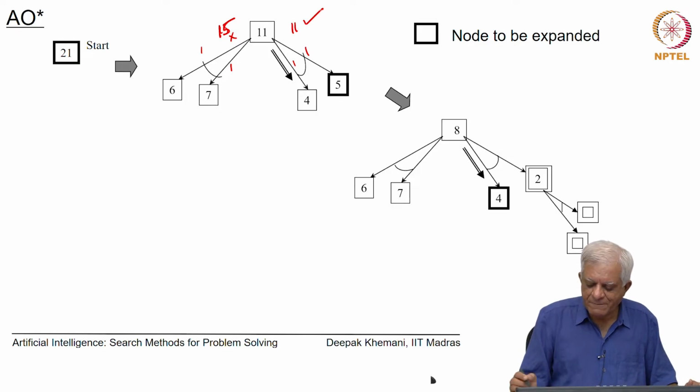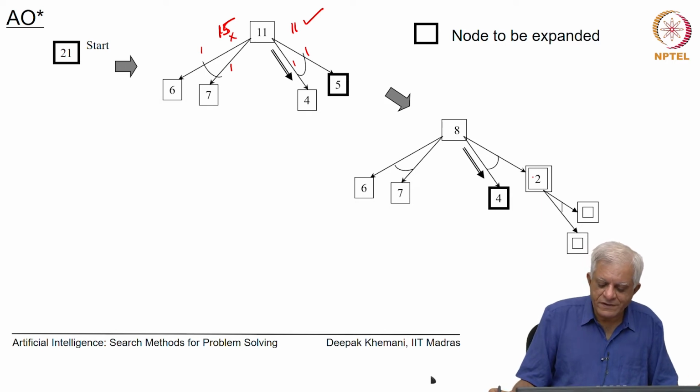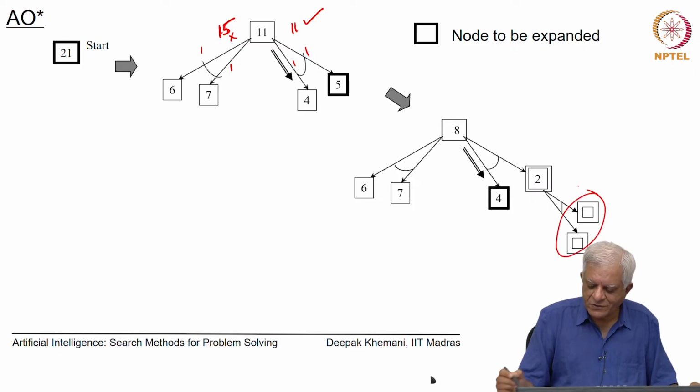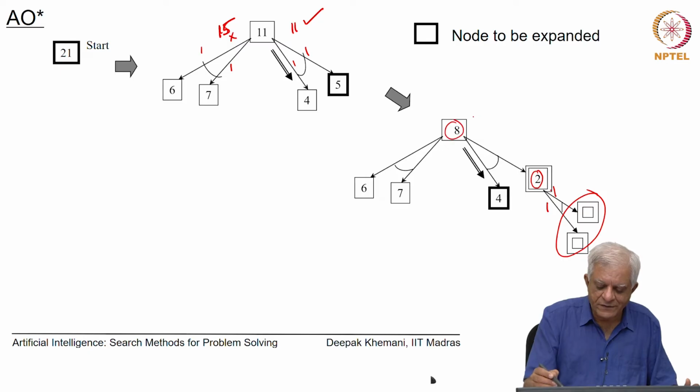Now, you can see that node 5, what was originally the value 5, has now been reduced to 2, and that is because it has got 2 children and they are both solved, and we said that solved nodes have cost 0. So, the only cost 2 that we have is the cost of these two edges 1 and 1, and the value has gone down from 5 to 2, and correspondingly the value of root has gone down from 11 to 8.